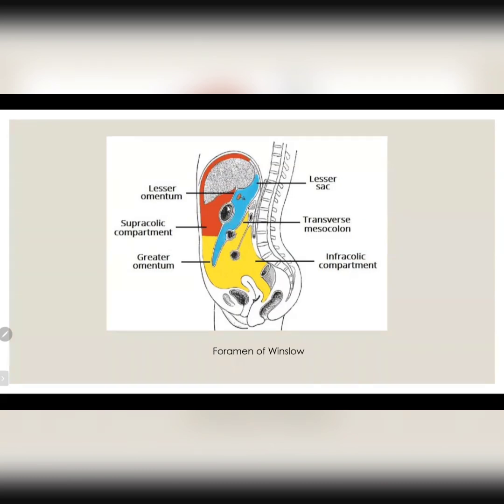Now related to the stomach, here is the lesser omentum. Lesser omentum is the peritoneal fold between the lesser curvature of the stomach and the liver. So this space, labeled in blue, which is posterior to the lesser omentum and posterior to the stomach, is called the lesser sac.